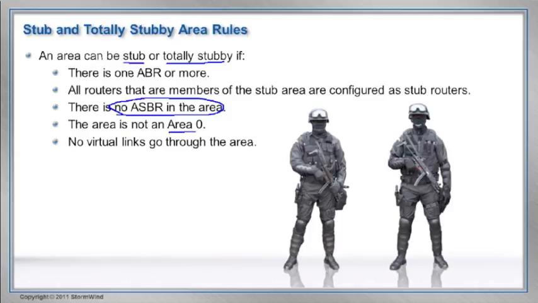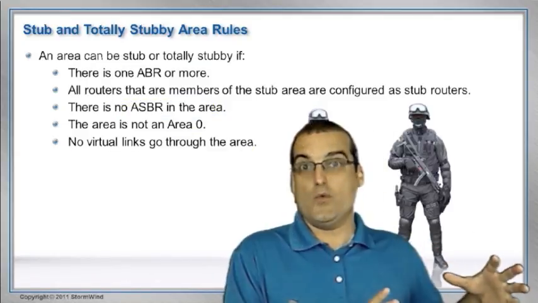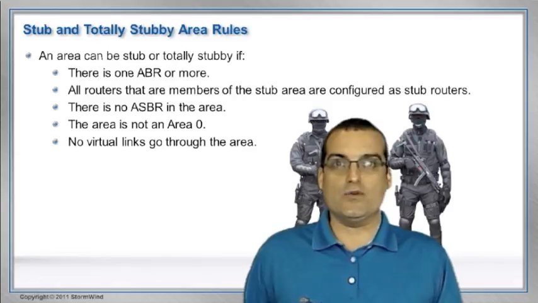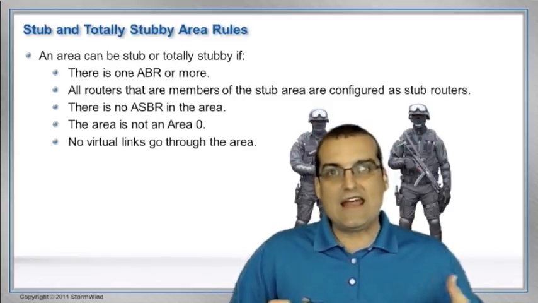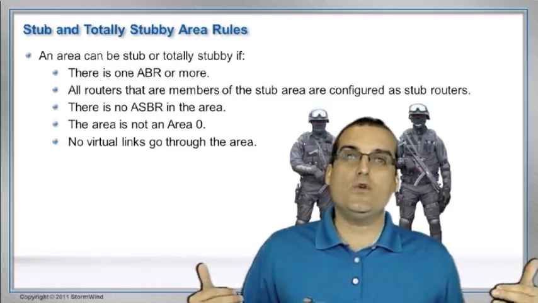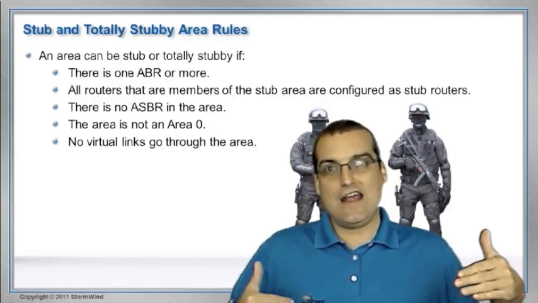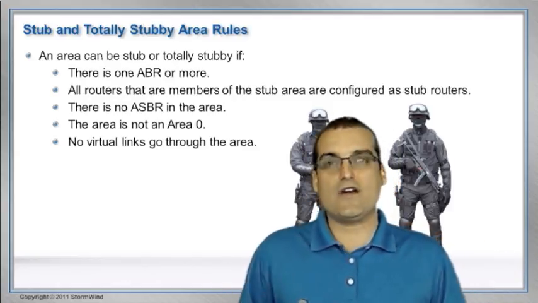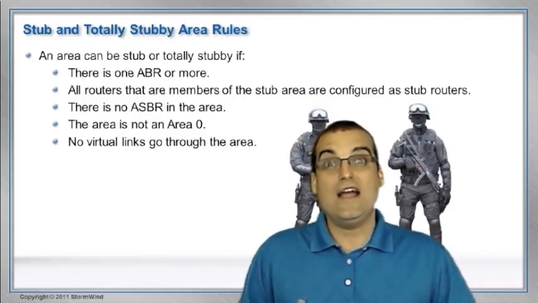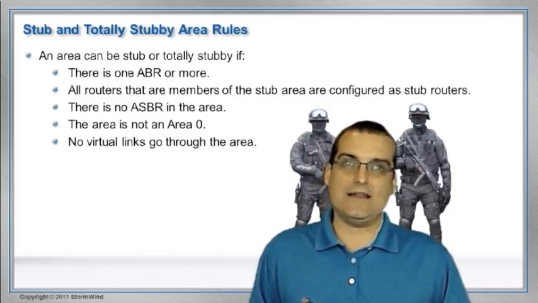Obviously, the stub or totally stub can't be area 0, and this one's interesting, we can't have virtual links go through that area. You remember our discussion of virtual links where we had a particular area that was not connected to the backbone, and we had a temporary fix or band-aid for that situation where we would essentially tunnel area 0 out to that area that's not connected to area 0 and repair the broken design.